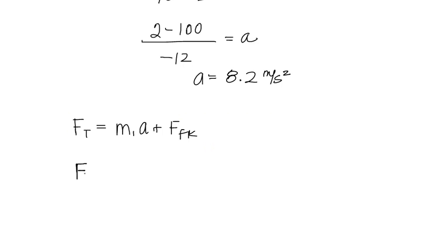So the force of tension would be equal to 2 times our 8.2 plus our force of kinetic friction, which was the coefficient of friction times the normal force, which was the weight force, 2 times 10.